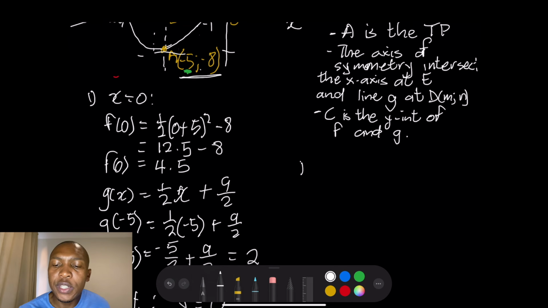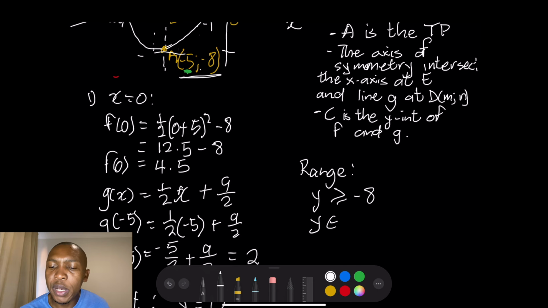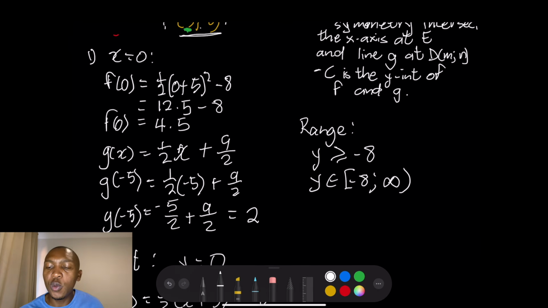So our range in that case would be y greater than or equal to negative 8. Or if you wanted to put it this way, y is an element of negative 8 till infinity. Okay, nothing wrong with that. Of course, negative 8 is included, and infinity is excluded. That's why the round bracket.